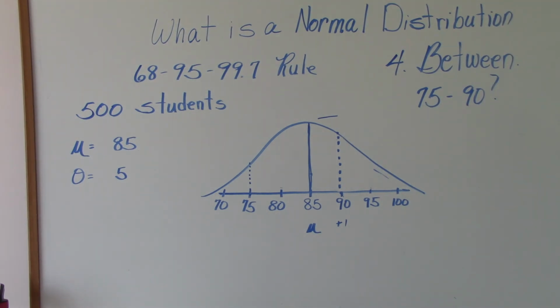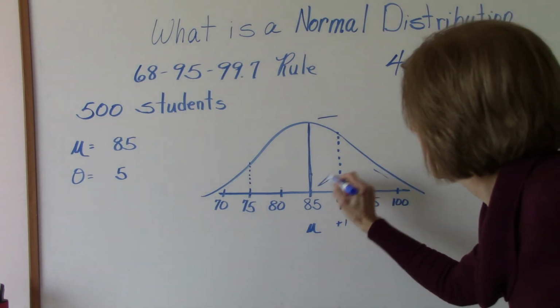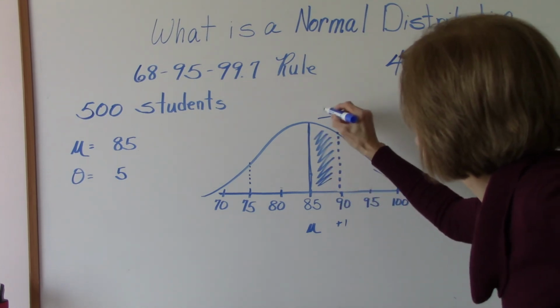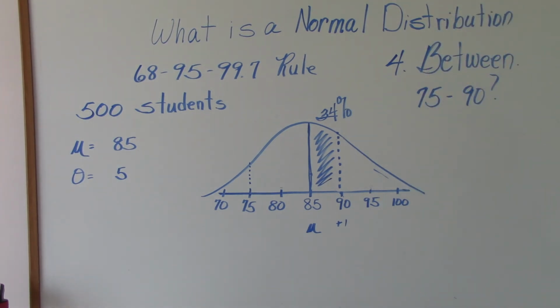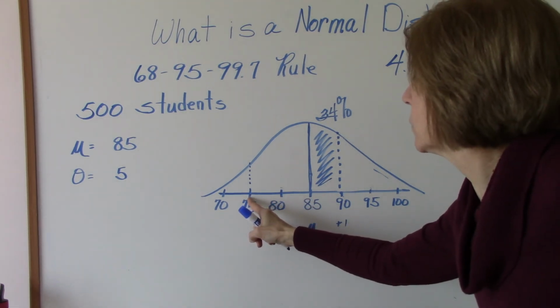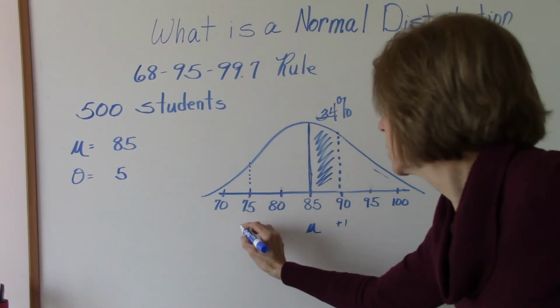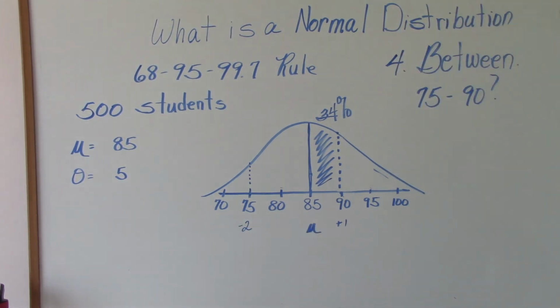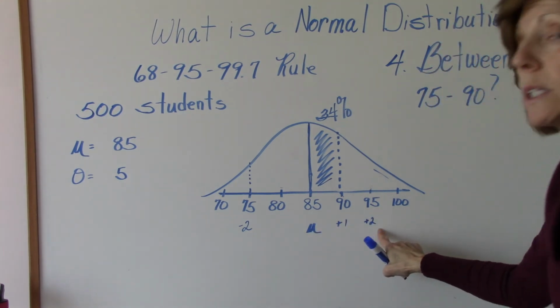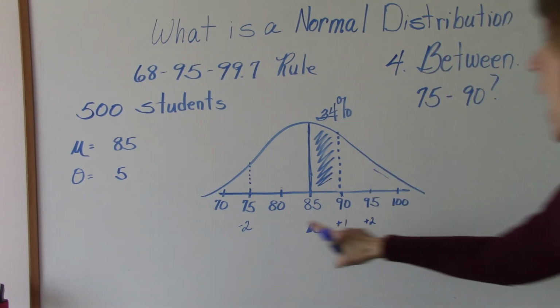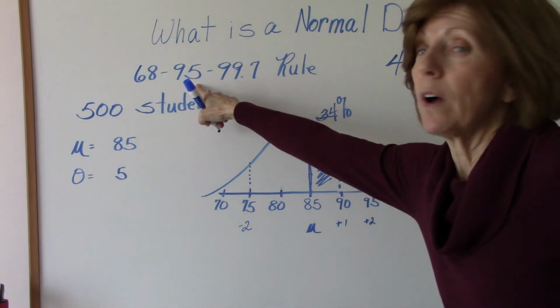Let's see, what do I know? I already found out from the previous problem that this is 34%. The second thing I know is that from 75, which is 2 deviations below the mean, up to 95, which is 2 deviations above the mean, that's 95% of the data.